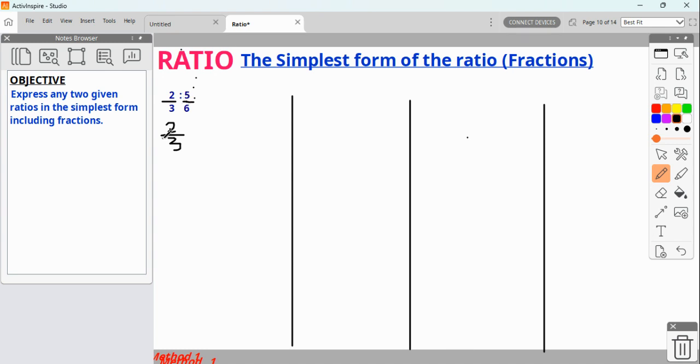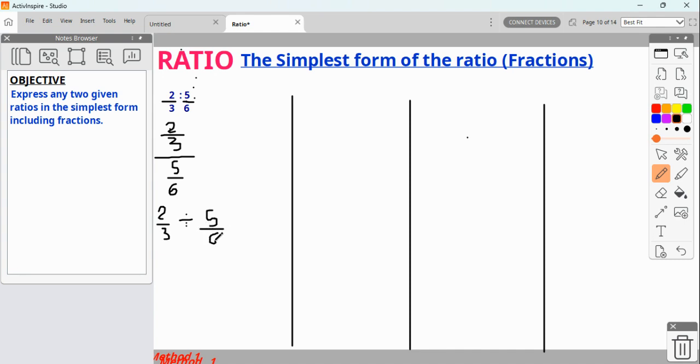So this ratio symbol can be removed and I can write it as 2 by 3 divided by 5 by 6, because ratio is the comparison by division. 2 by 3 divided by 5 by 6.